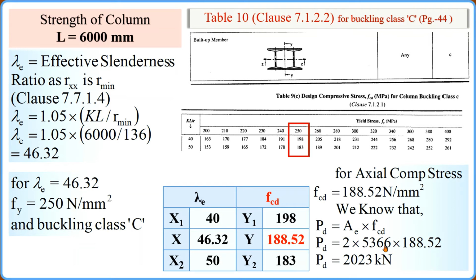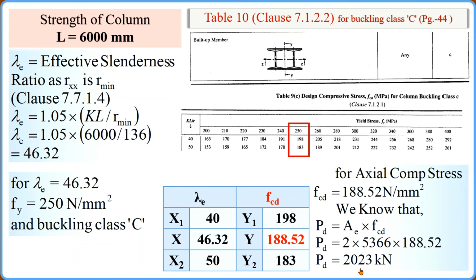So the capacity of the section from the PD is equal to A into FCD, and we are getting the design capacity of the column as 2023 kilonewton. So again we can conclude that the capacity of the column increases when we decrease the height of the column.